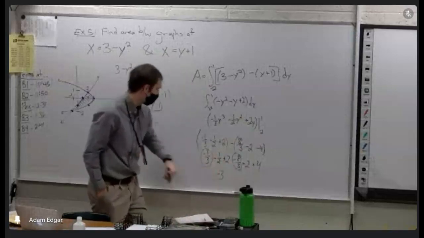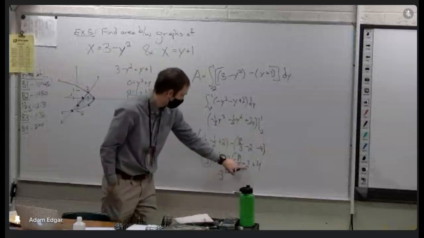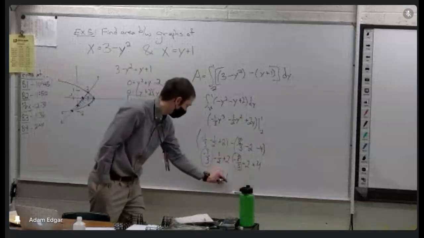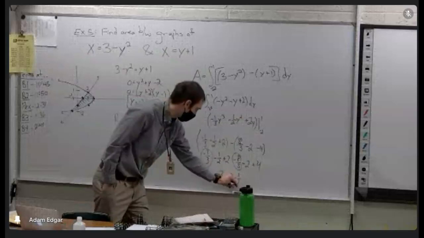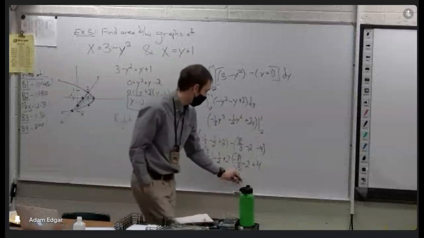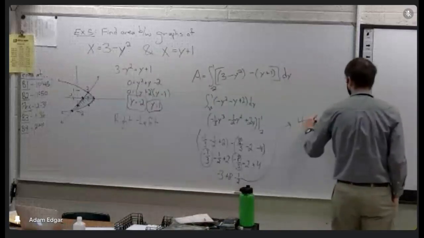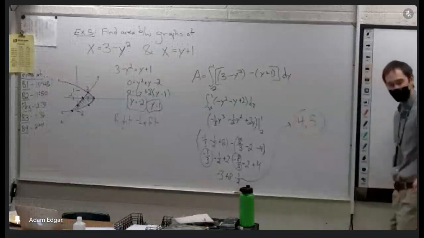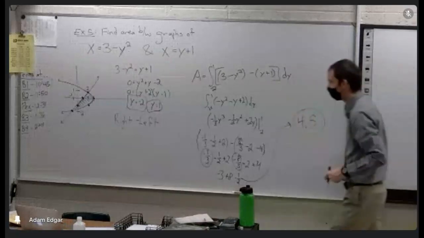We call that negative 3. Plus 2 plus 2 plus 4 is plus 8, and we're minusing a half. So that becomes 5 minus a half, 4.5. Didn't we have an answer like this yesterday? Yeah, it's literally the same thing, just turned sideways.